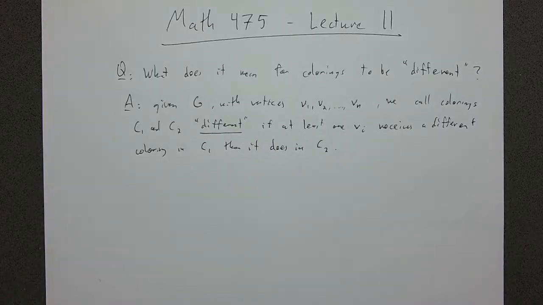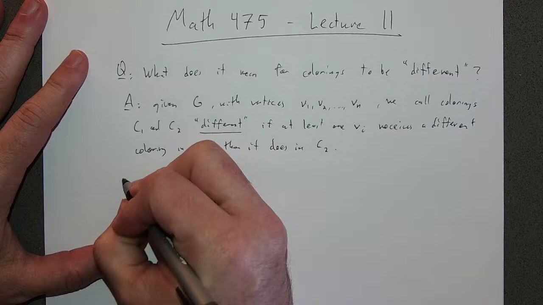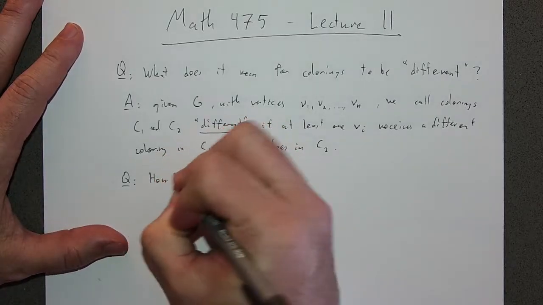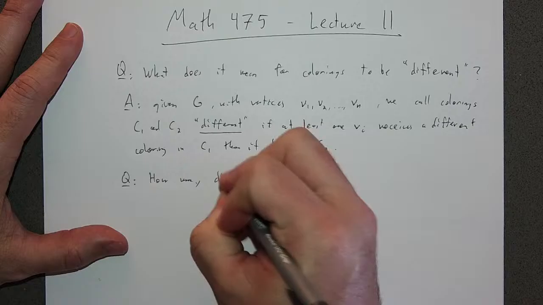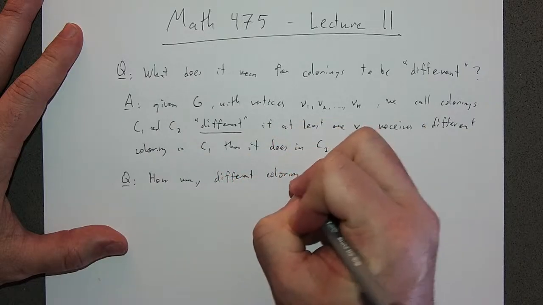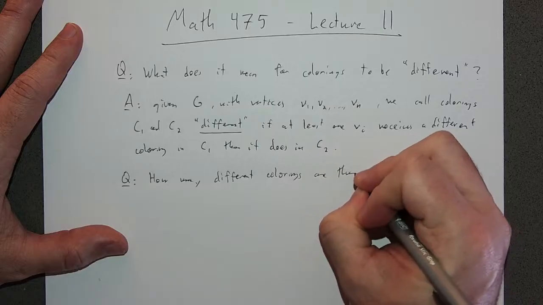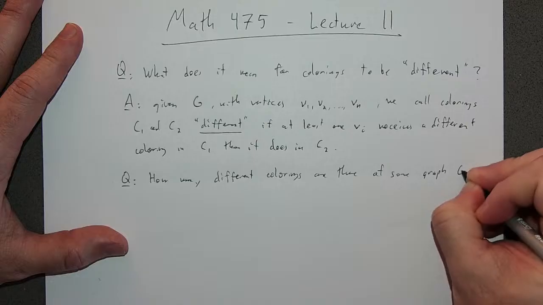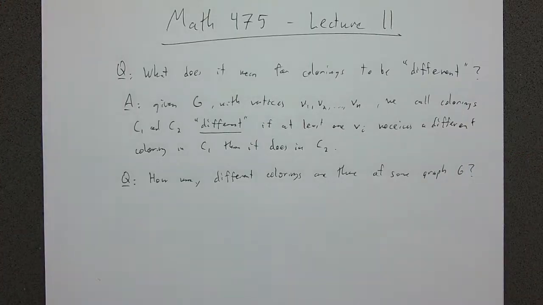Now that we know this, the second question is: how many different colorings are there of some graph G? Obviously, I'm not going to be able to answer this for a generic graph.